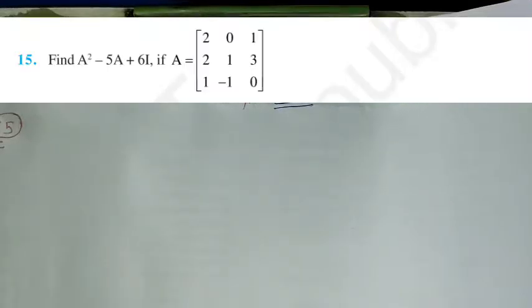Now we'll understand question number 15. We have to find A square minus 5A plus 6I if A is 2 0 1, 2 1 3, 1 minus 1 0.